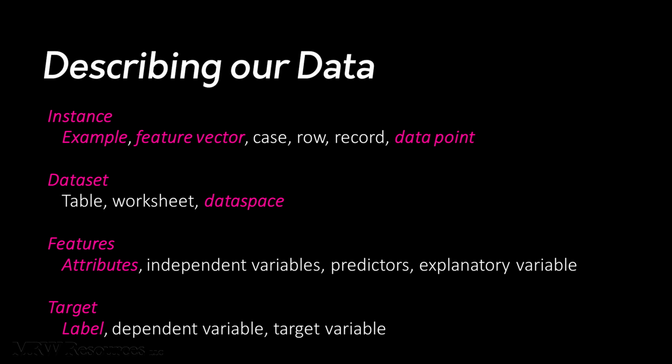Next, we have the features of our data, and these are the attributes that we want to explore. In stats, you may call them independent variables or explanatory variables or the predictors. Again, just depends on which discipline you're coming from. And then finally, we have our target. And the target is often called the label or label value. And back in stats, we'll call it the dependent variable.